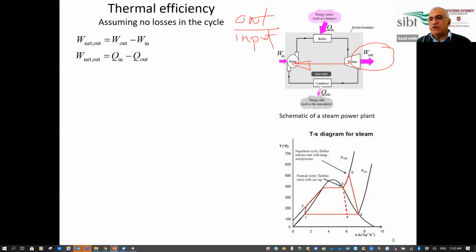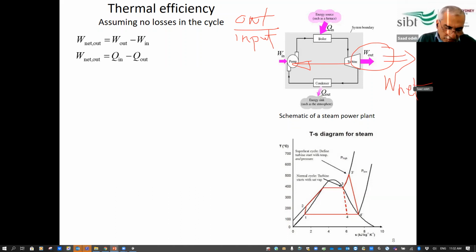There are a few components in the plant that require electricity, such as pumps. We have, let's say, lights. We have, for example, measuring devices that require some power. So we can take the power from the turbine to run these devices, and whatever remains, we can say this is the net work, W net.